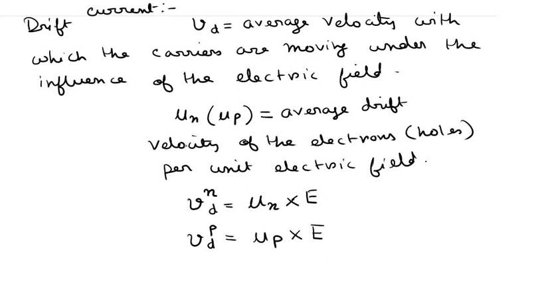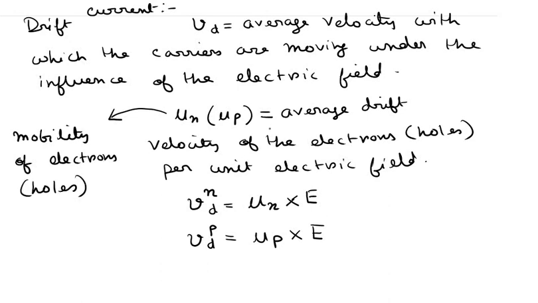So mu n or mu p is known as the mobility of electrons or holes. Basically mu n here is the mobility of electrons and mu p is the mobility of holes. So this is a measure of how fast the electrons or holes can flow when an electric field is applied.